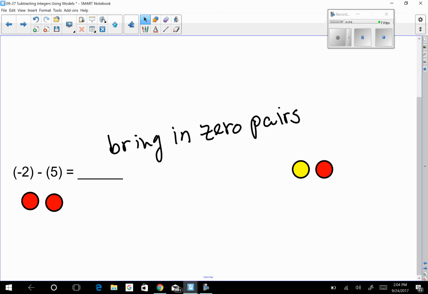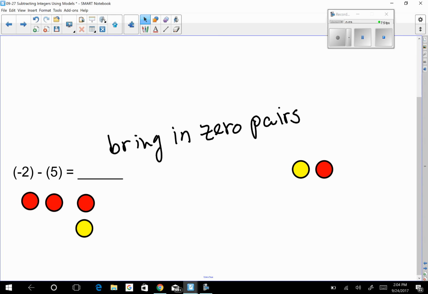So if you bring in a bunch of zeros over here, you're not going to affect the value of your starting group. So if I bring in 1 positive and 1 negative, let's switch those around. Overall, this whole group is still equal to negative 2 because remember this negative and this positive, they cancel each other. So in reality, you just have the 2 negatives left.